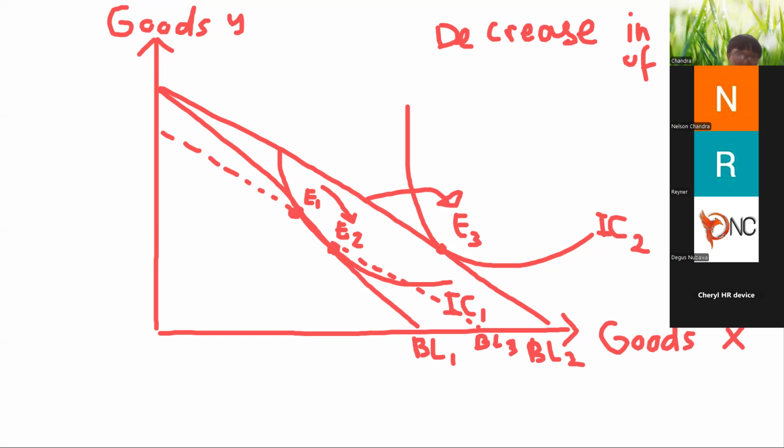They will certainly buy more of good X. That's why the income effect is moving in the same direction.